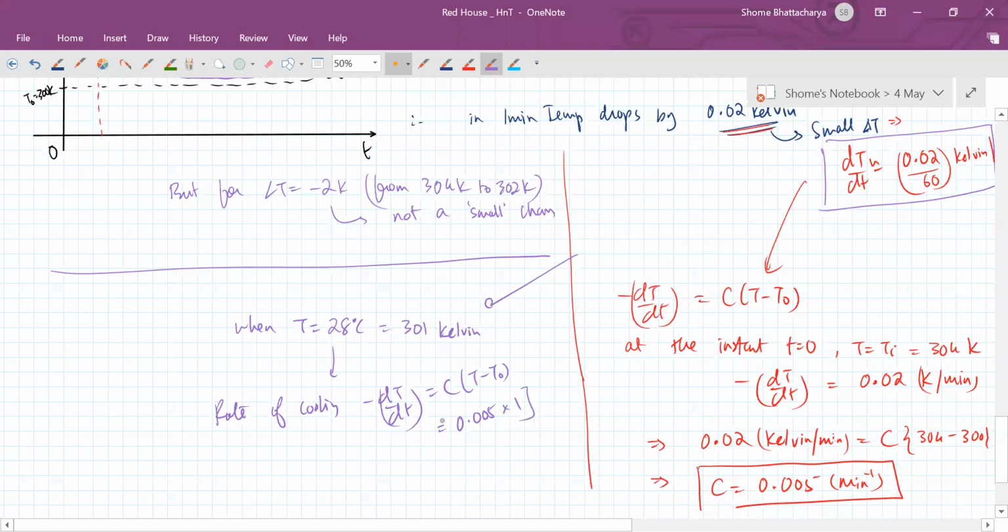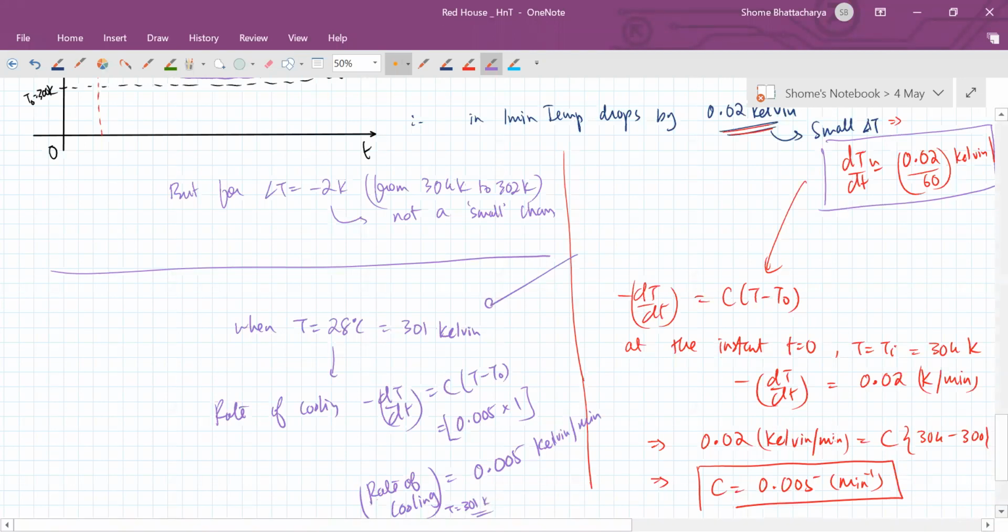This is 1. So this will become 0.005 Kelvin per minute. So that will be the rate of cooling at the instant when the surface temperature is 301 Kelvin.